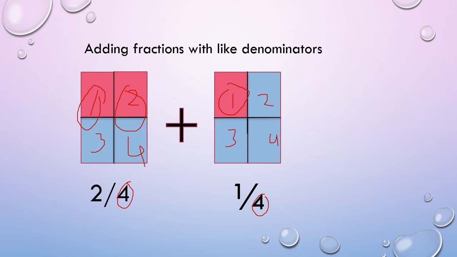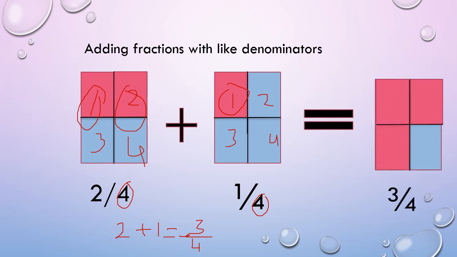So what we have to do is add 2 plus 1, the numerators, and we get 3, and we put it over the denominator 4 for both fractions, and we get 3/4.